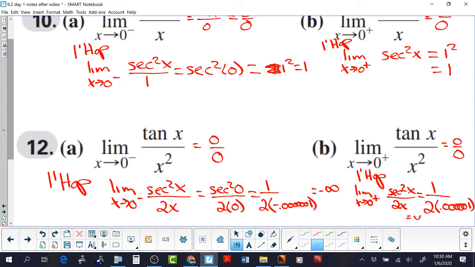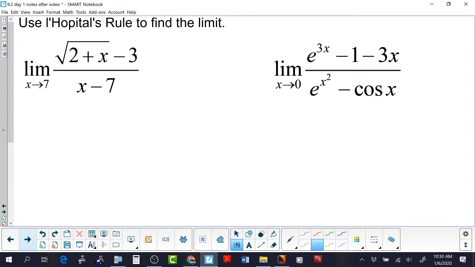So it did matter whether we're on the left or the right side for this one. Not the other one. Denominator went away. No problem. Same answer. No problem. Here it matters. Any questions? All right. So there's 2 others you have to do. You decide if it really matters or not if you're on the left or the right side.